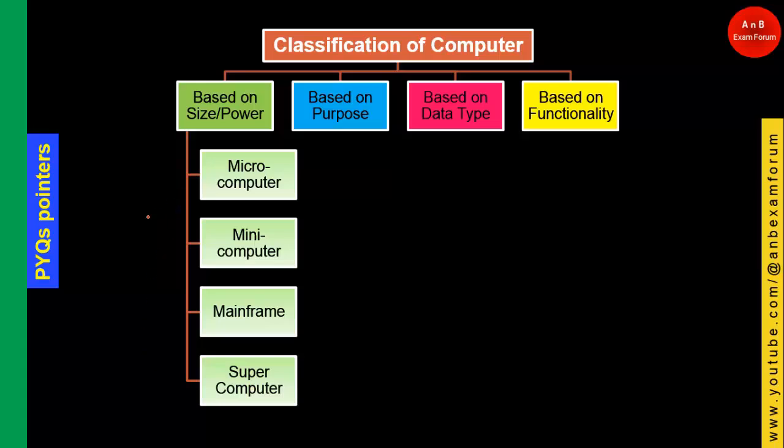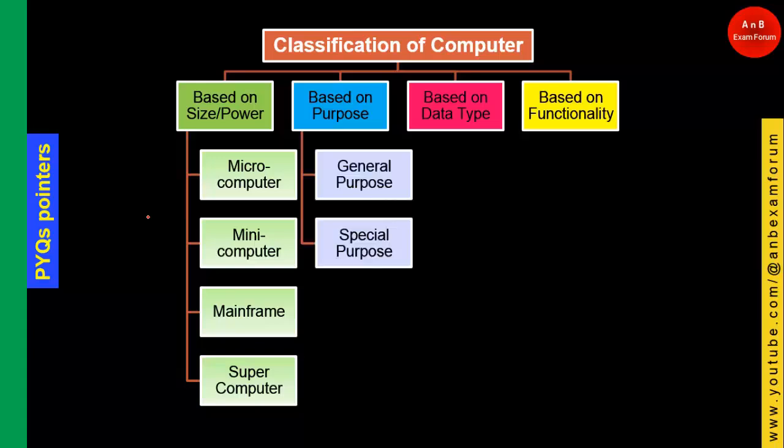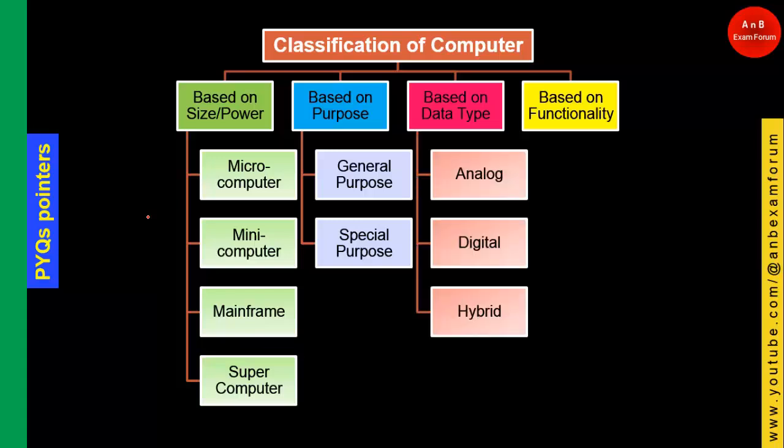Afterward, based on purpose, we can classify computers into 2 categories, general purpose computer and special purpose computer. And based on type, we have 3 types of computers: analog computer, digital computer, and hybrid computer. Again, what is the difference, how they are the same, how they do the task, we are going to see in today's session.